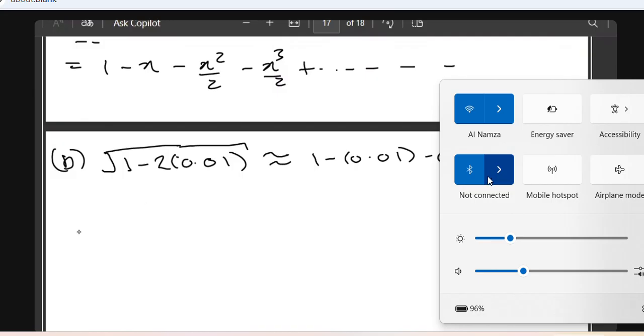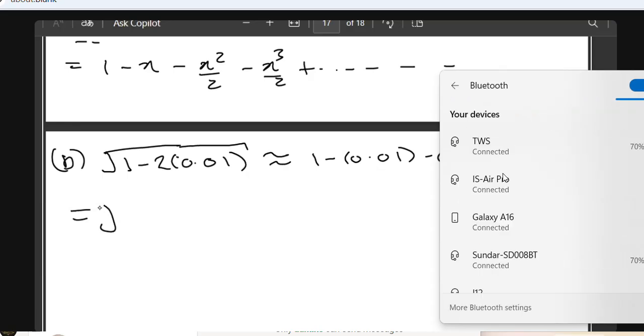Okay, so now what is this expression here? The square.